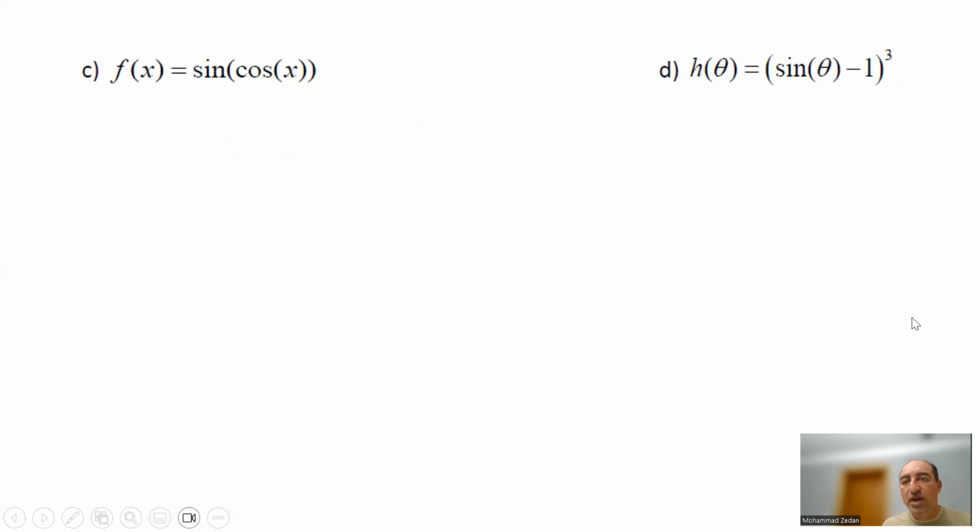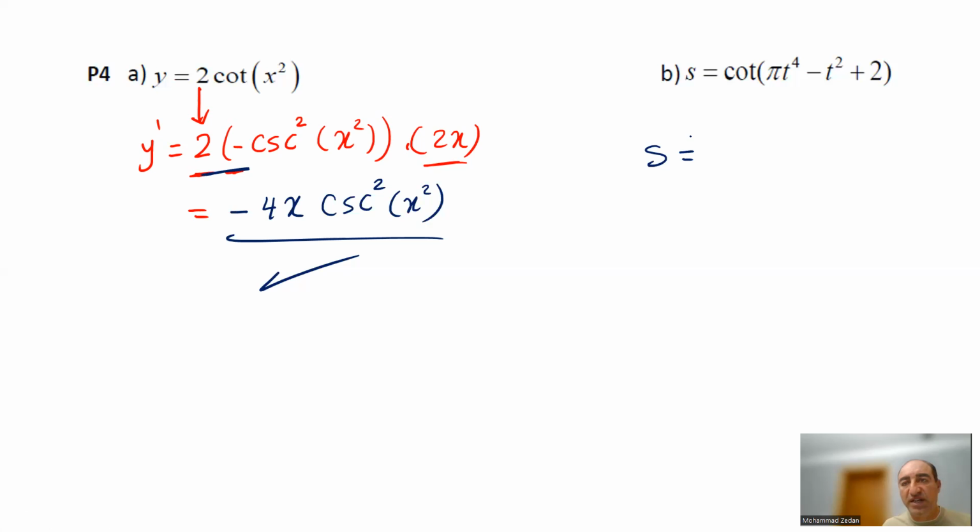The previous one. The derivative of cotangent is negative cosecant squared, so s prime is equal to negative cosecant squared of (pi t to the power 4 minus t squared plus 2), times the derivative of the angle itself, which is 4 pi t cubed minus 2t.